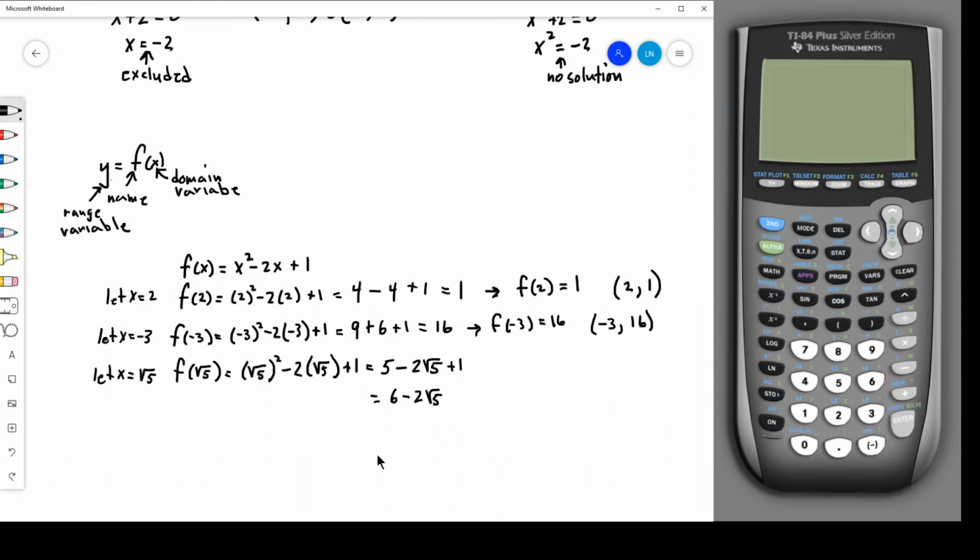Right? Now, I hear a lot of you yelling at me in my head. Can I just go to my calculator and get a decimal for this? Well, that's going to depend on what you're doing. Like we talked about the other day, if you're in one of your engineering classes and you're asked to solve a problem that gives you an answer that looks like this, you're probably not going to leave it that way because you're going to probably have a tolerance within which you need your answer.